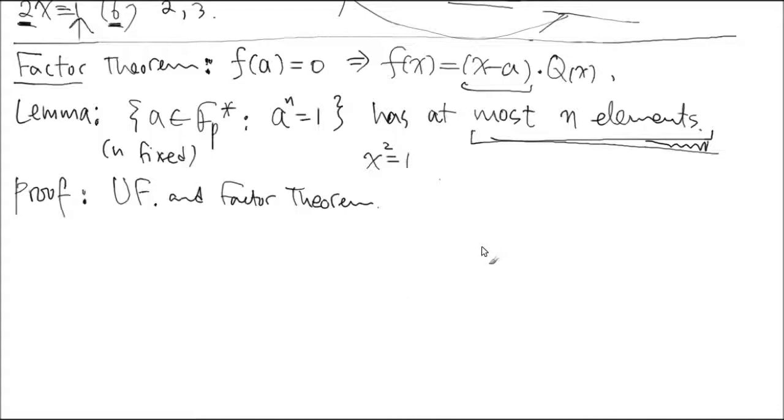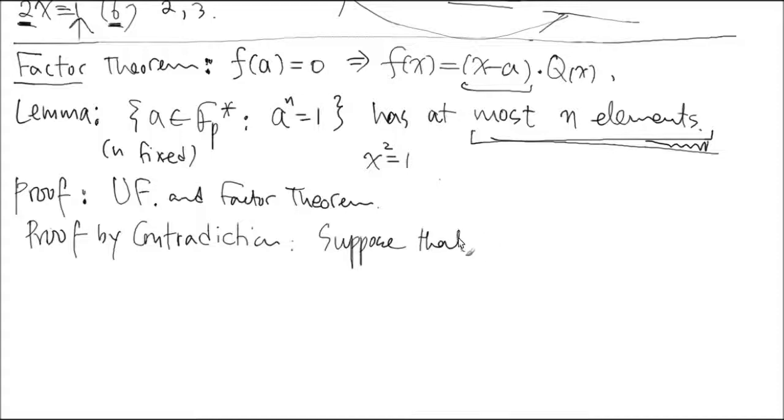What's the outline? Suppose there are more than n. Something like that. So let's say, proof by contradiction, and suppose that there are how many elements?